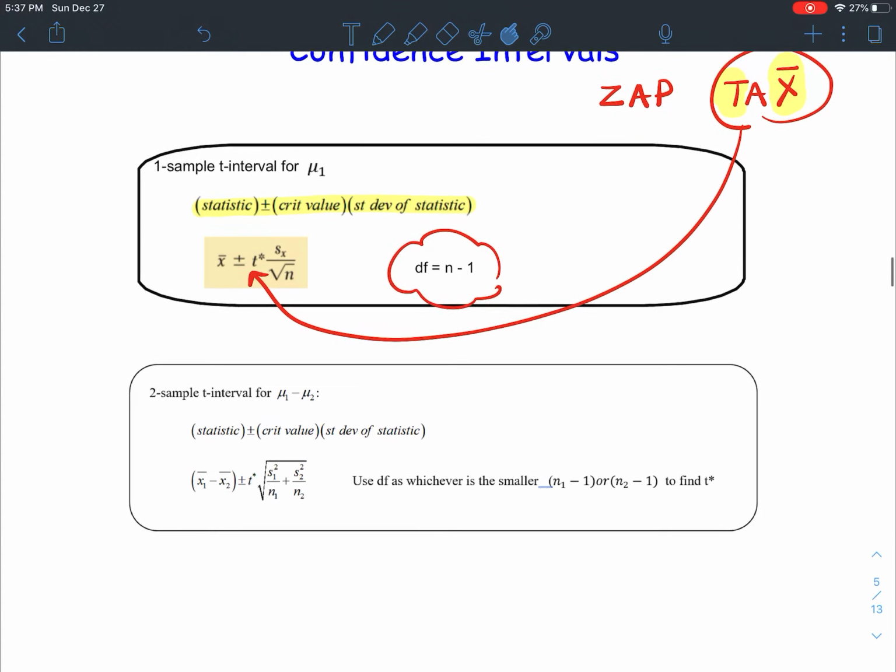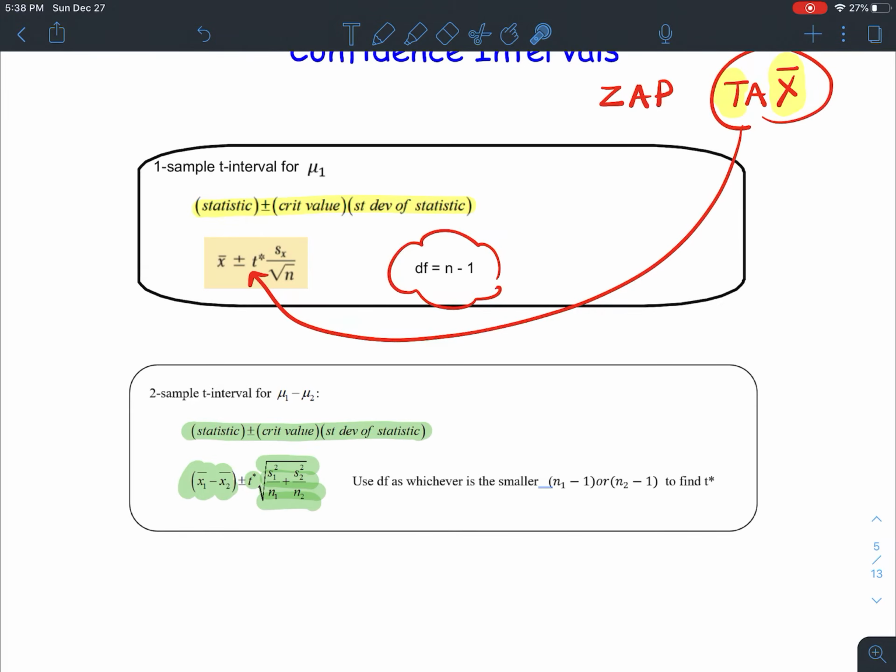Well, if we're talking about drawing out two samples, one from each of two different populations, and calculating their difference, you'll notice this part of the formula is the same. However, what's different is now where the statistic is, that's the difference in the two sample means, still dealing with a t-score, and this is what I'm using as my standard deviation of my statistic. Okay, again, that formula is on the formula sheet. We will have to piece them together, like knowing that that gets plugged in there, this is our t-score, and our statistic is the difference.